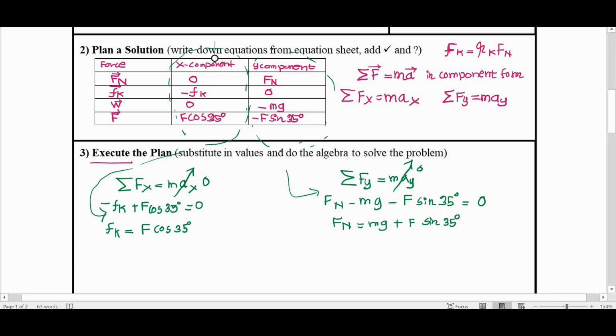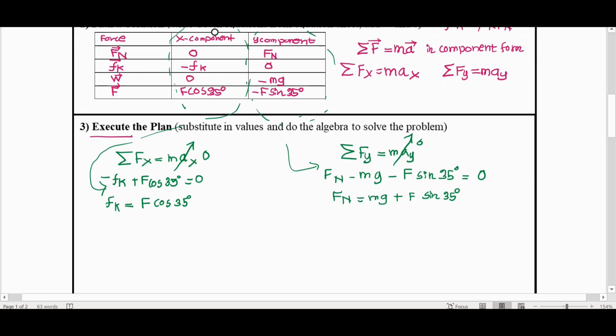I think you guys know what I'm going to do next. I'm going to use this normal force to get an equation for the kinetic friction on the crate. So normal force is mg, mass 50 kilograms times 9.8, plus 300 newtons times sine 35.